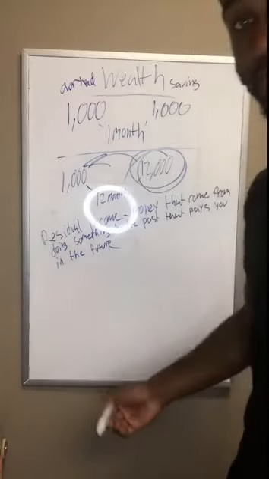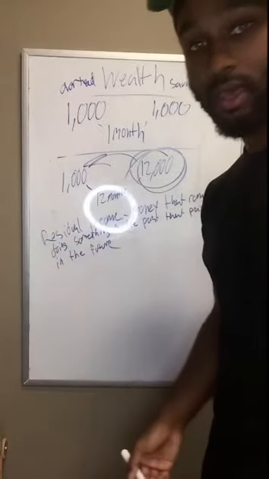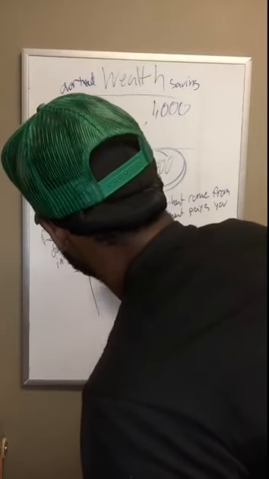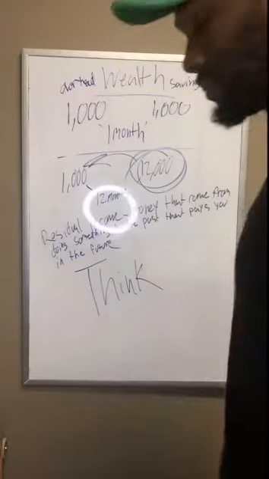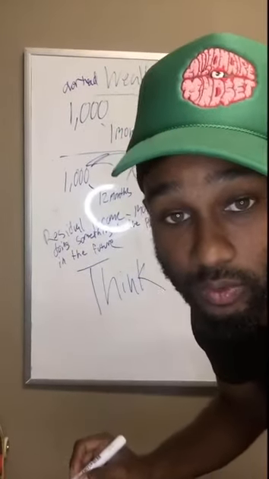And the biggest, and I'm gonna leave it off here, the biggest thing that you're able to do as a business owner and investor is think. You have time to think about your next move.